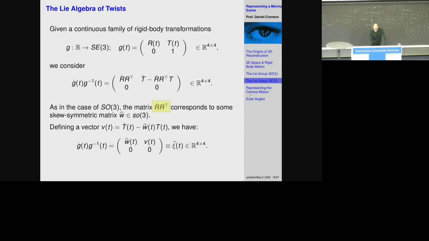And so what we see, if we take this equation, G dot G inverse, we call this Xi hat, this 4x4 matrix of this structure.